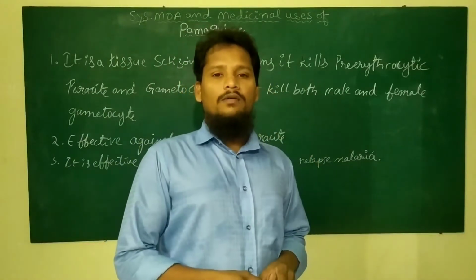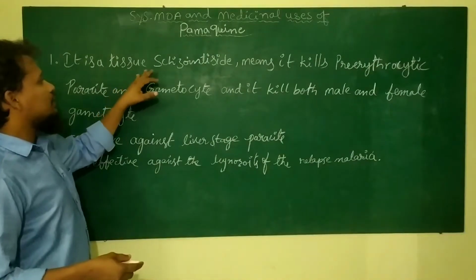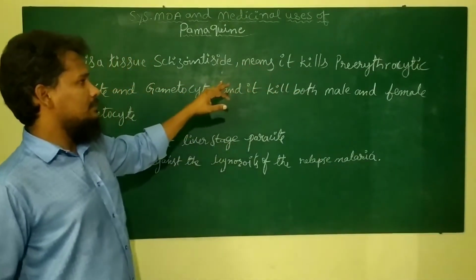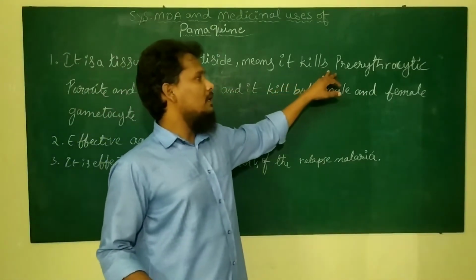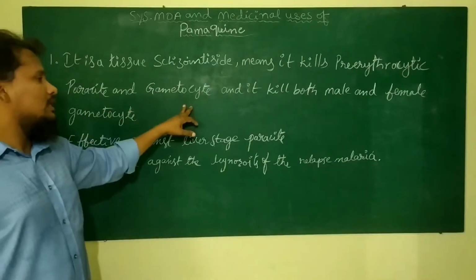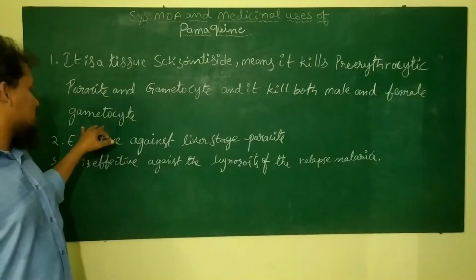So when coming to the medicinal uses, it is a tissue schizonticide, means it kills the parasite. It kills the pre-erythrocytic parasite and gametocyte, and it kills both male and female gametocyte.